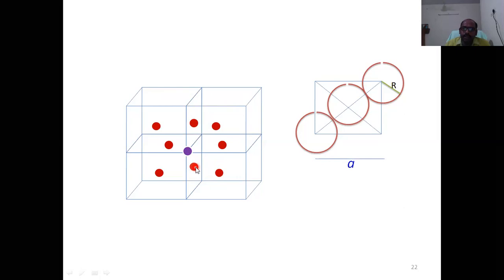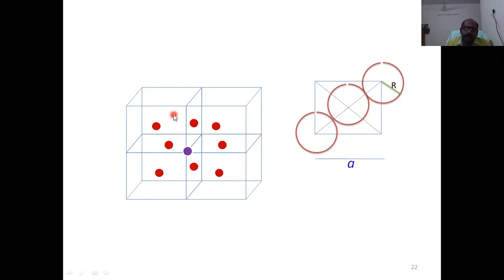Similarly, these are the upper two cubes and these are the lower two cubes. Now we are observing a horizontal plane here. It is the lattice point on the upper face of the lower cube, and at the same time the lattice point on the lower face of the upper cube.